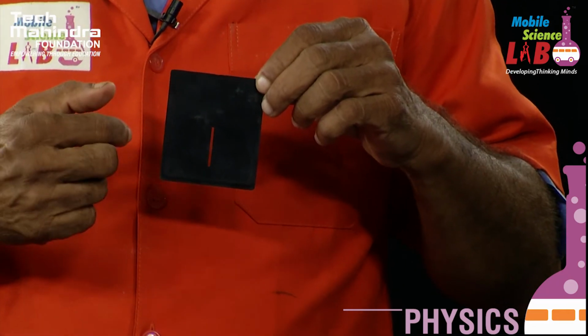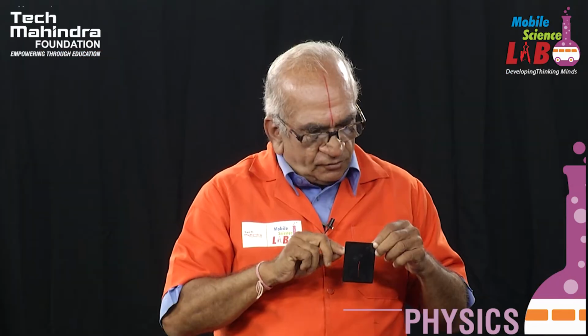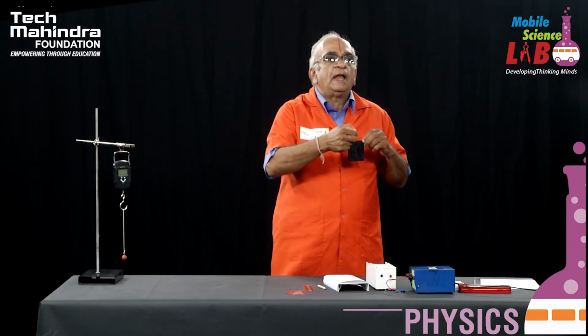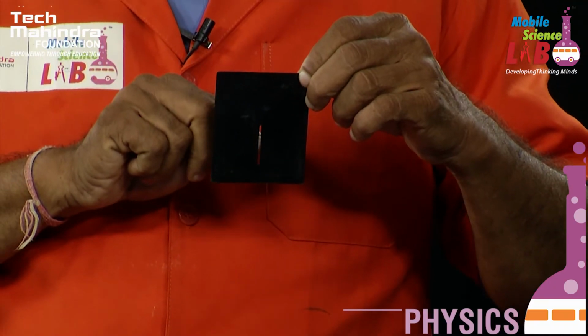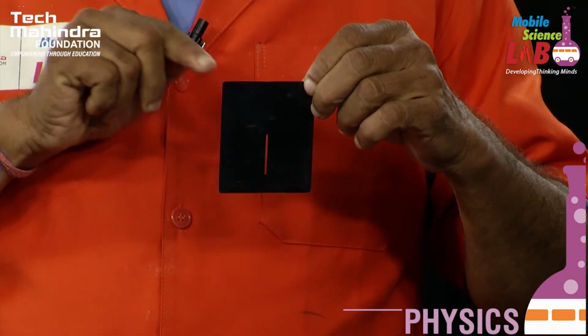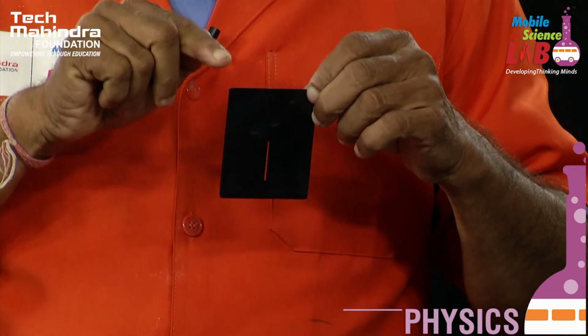This is the slit. The black portion of the slit is the opaque material through which light rays don't travel. And there is an opening. Only through this opening the light rays will travel. That means the light ray is going to be given the directionality.